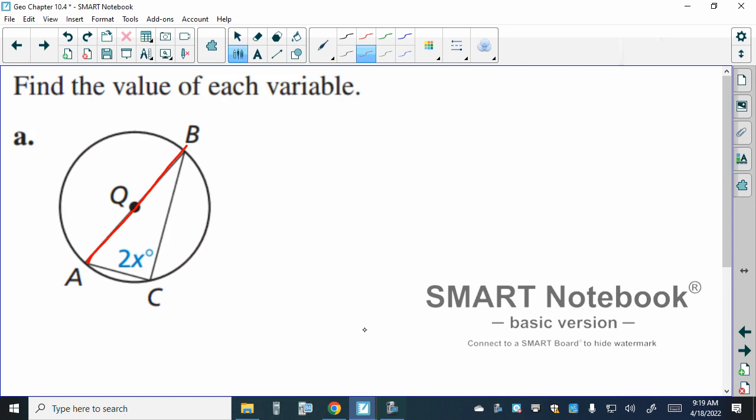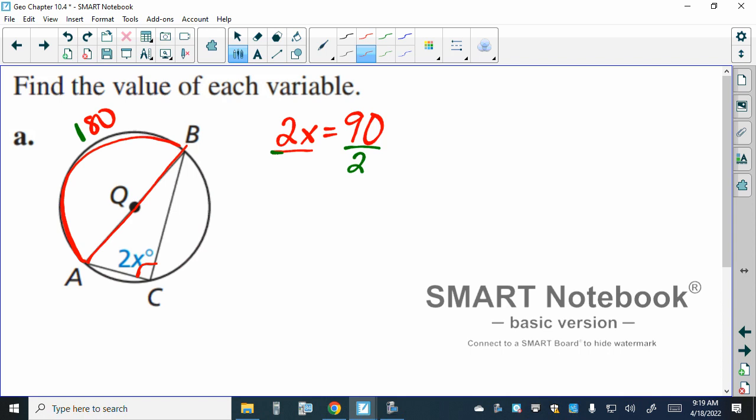Now, this here, AB is the diameter, yes? Which means this arc here has to be 180. Which means the measure of this angle here has to be 90. So here 2x is equal to 90. What do we need to do to solve for the value of x?